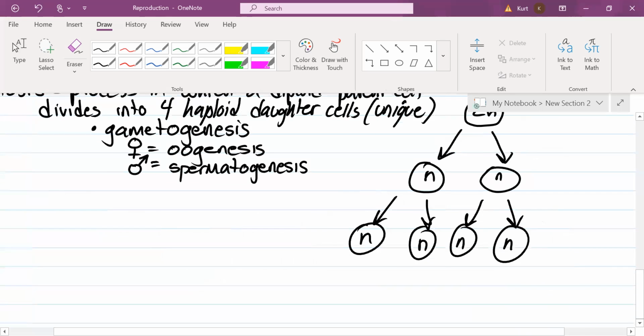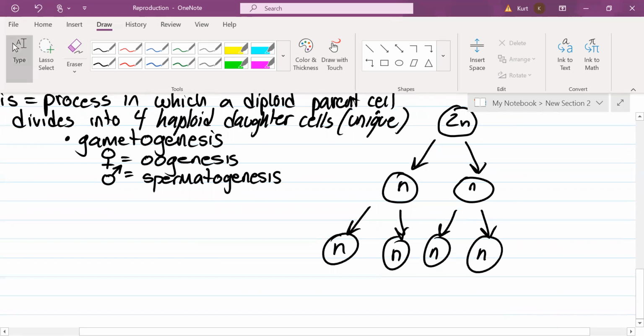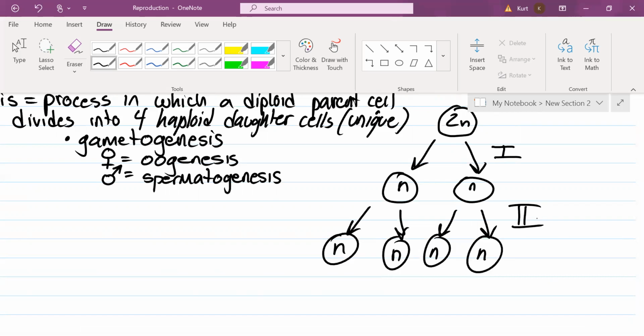When it comes to females, it's a little different. Ladies, your egg cells do not complete meiosis 2. And if you don't know, this is meiosis 1, this is meiosis 2. They don't complete meiosis 2 unless they are fertilized by a sperm cell. They stop about halfway.